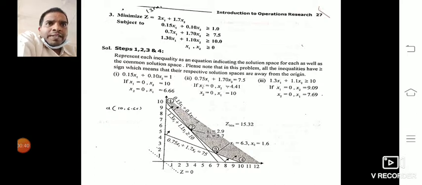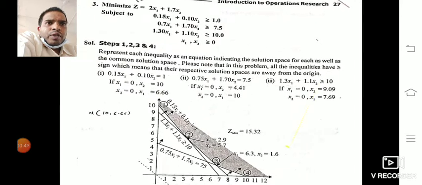Minimization: z equals 2x1 plus 1.5x2, subjected to three constraints. Now we need to follow the four steps. First, convert the inequalities into equations by replacing the signs; the greater than or equal signs can be replaced by equal signs, for all three constraints.